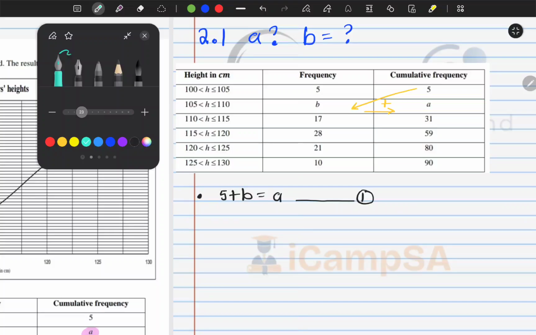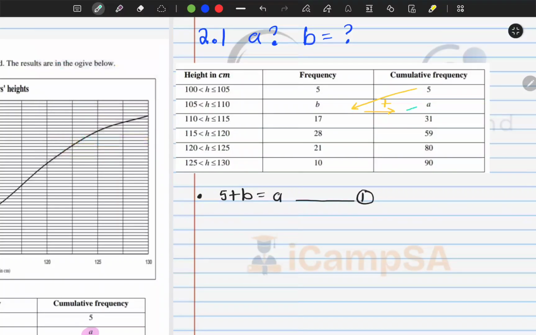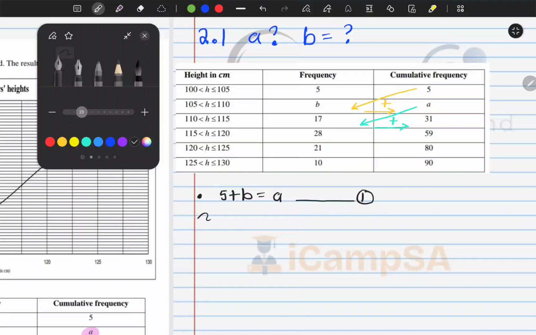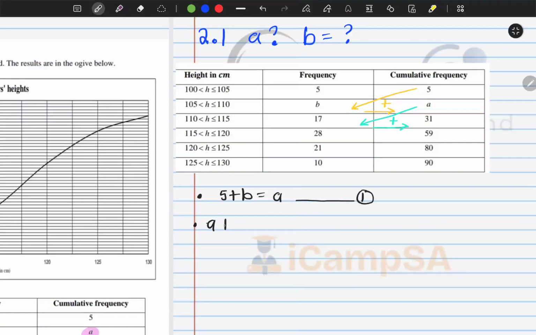And if we do exactly the same thing, which is essentially how we do cumulative frequency, you take the A, you add it with the 17, then you get 31. So A plus 17 should be equal to 31, and this we can call equation number 2.